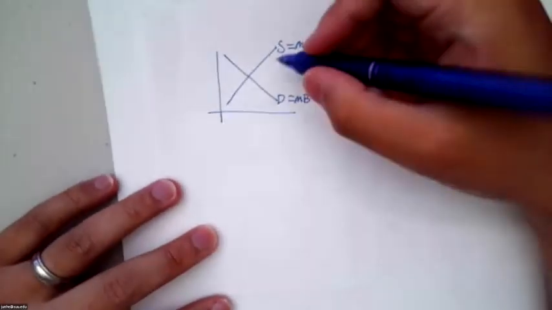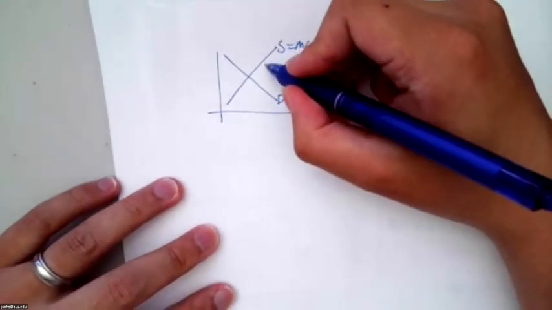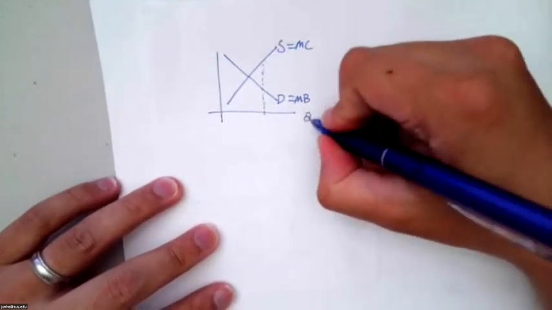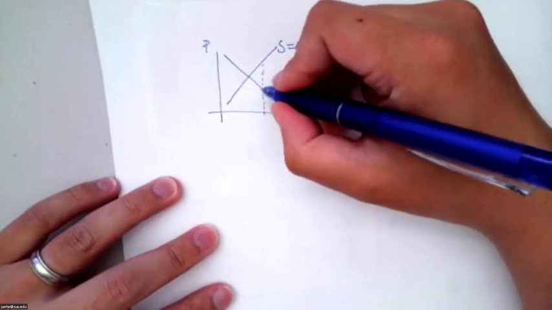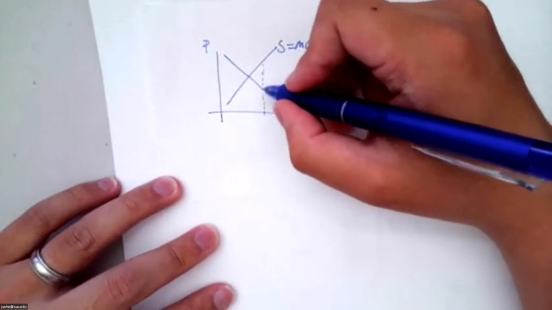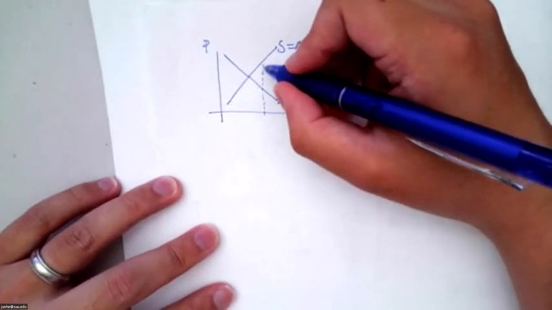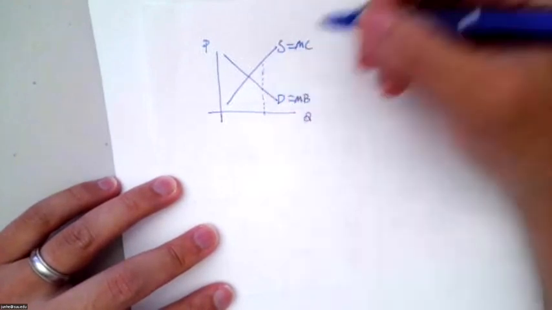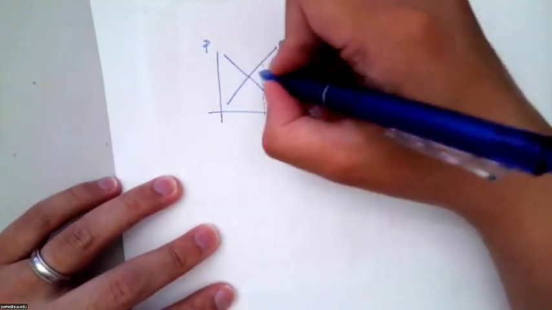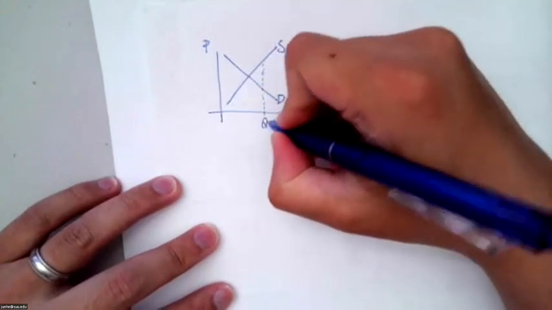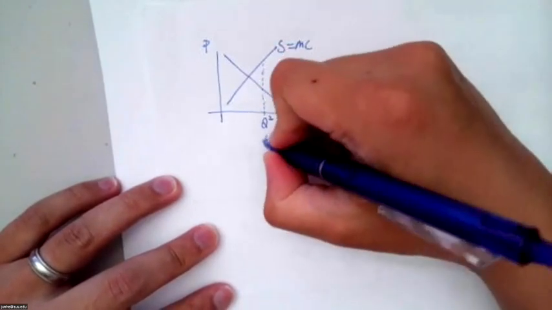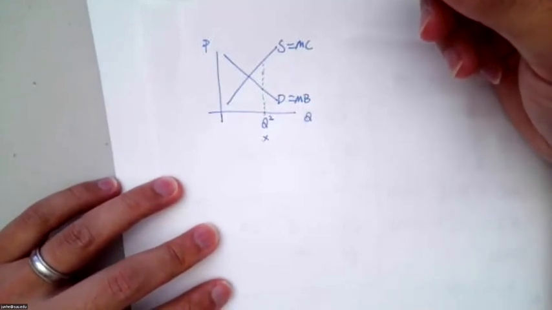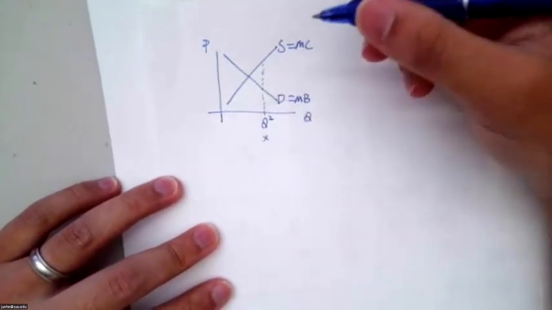Looking at this, is the production at this level beneficial to society? The answer is no. The cost of producing that unit exceeds the benefit, right? So the production should not be here, say Q2. Q2 is not at the social welfare maximization point.